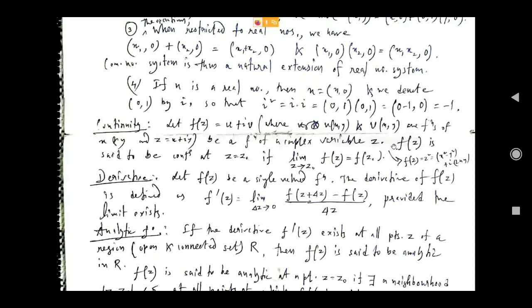In the case of real numbers, if we want a graphical representation, we have a straight line, isn't it? That real line. So we can move only in one direction, or you can say two directions, from the left and right of a given number.